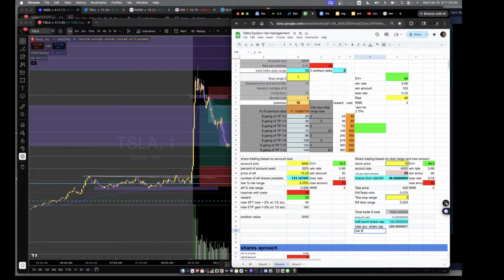Risk from greater than 2 stop range equals this times this.